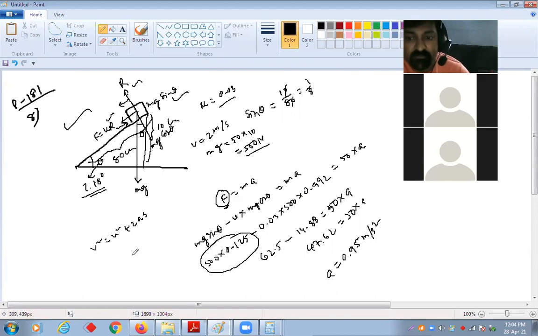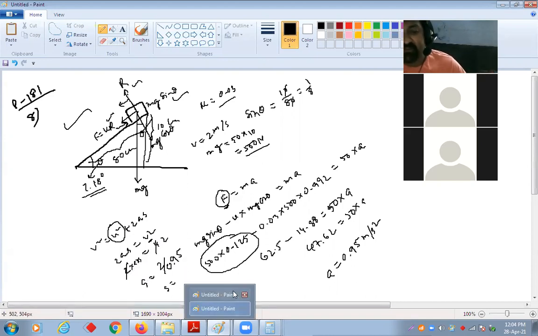U means 0, and 2as is equal to v square. V is 2, 2 square means 4. That's 2 into a into s. Cut with 2, this 4 becomes 2. That means as is equal to 2. So s is equal to 2 by 0.95.